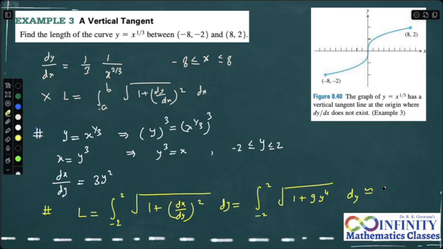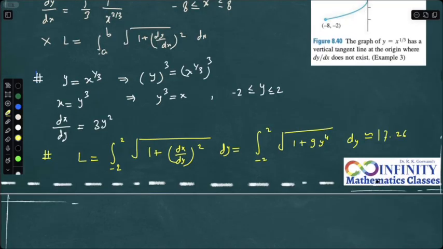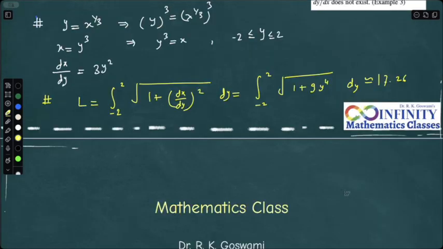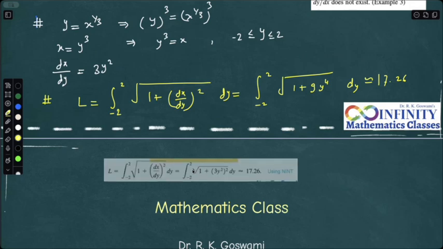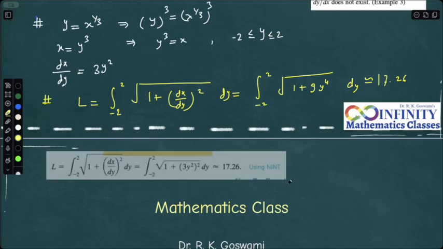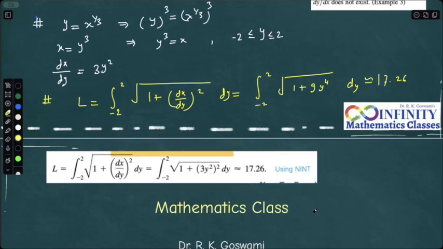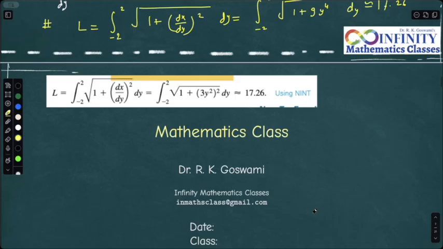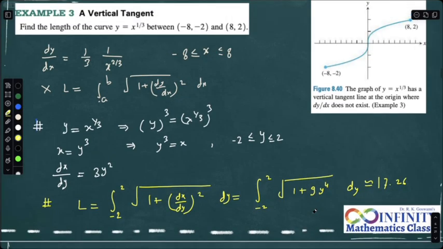What I can see, it should be 17.26, something like that. Can you please check once more? When I put it to 9y to the fourth, it was 17.260. Okay, so this is the right answer.